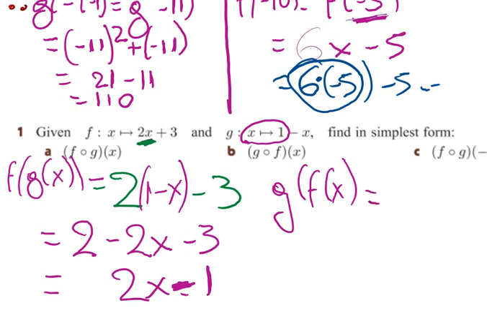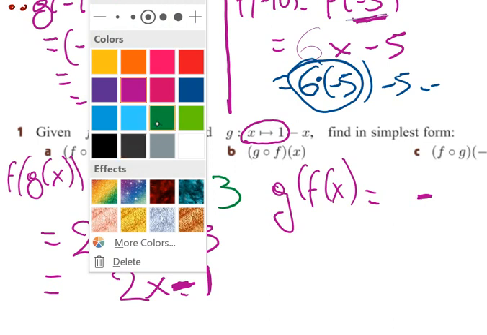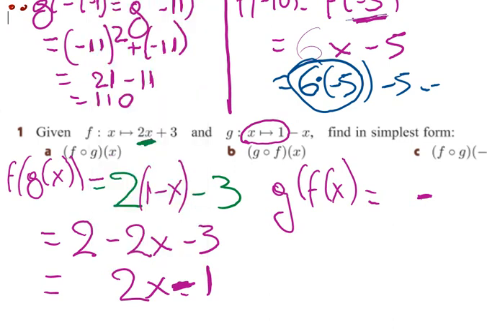So you will have 1 minus, instead of x, you need to put what? 1 minus x, and instead of x, you have to put 2x plus 3. 1 minus 2x plus 3. So that will become, go on and solve it. That's easy now.